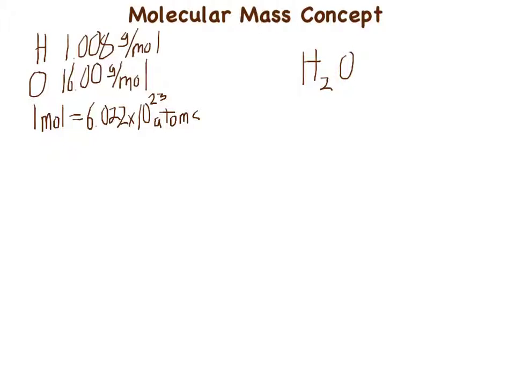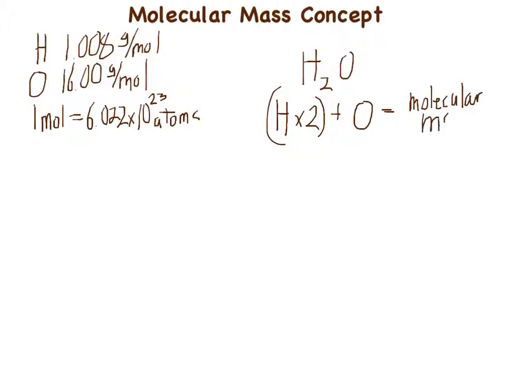So basically it would be the atomic mass of hydrogen times 2, because you have 2 of them, plus the atomic mass of oxygen. It's not a 0. It's oxygen. And that will equal your molecular mass. And basically the molar mass of water.